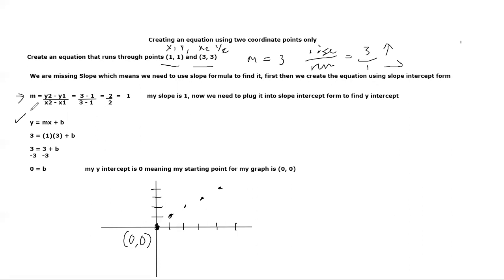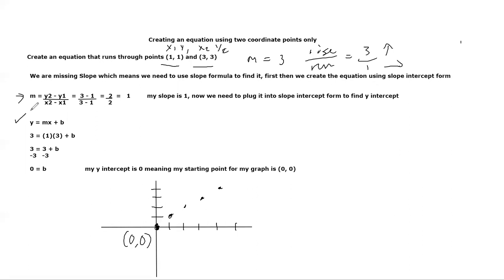We know, and by the way, we have x1 and y1, we have x2 and y2, which means we have our x value and we have our y value. Does it matter which coordinate point I decide to replace my x and my y with in my equation? No, it doesn't. You're going to get the same answer each time as long as you did the equation correctly, right?